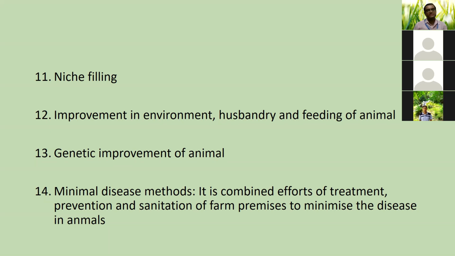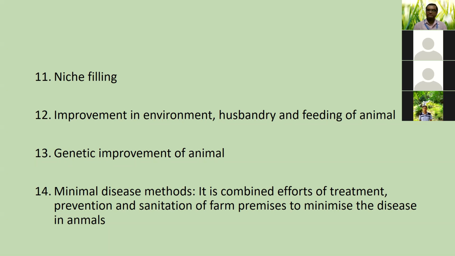The intestinal tract is full of non-pathogenic bacteria, so pathogenic bacteria cannot attach themselves to the host. That's how it helps in the prevention of disease. And that is also a method of control and eradication of certain diseases, not for all diseases, but certain diseases, yes, it is used.